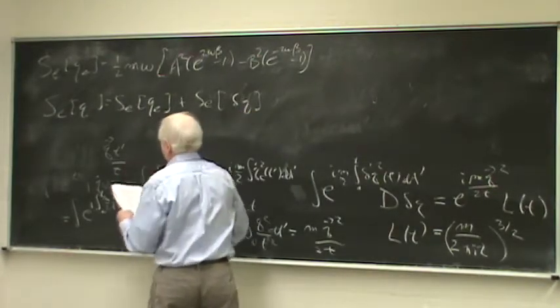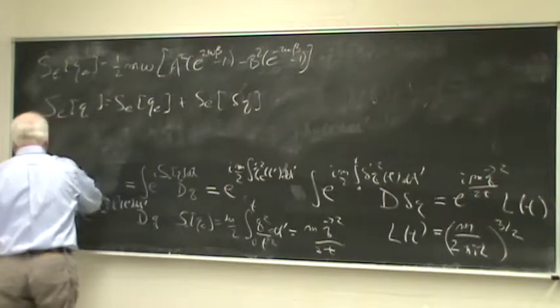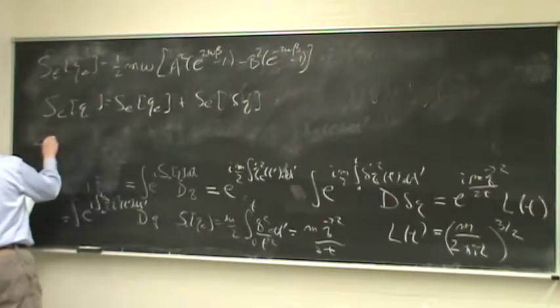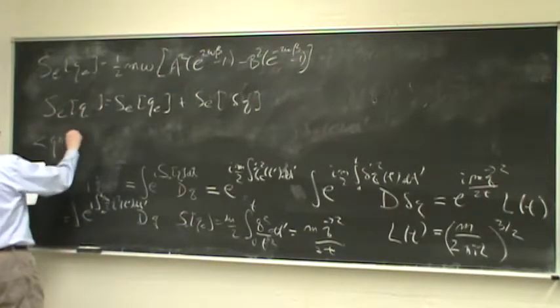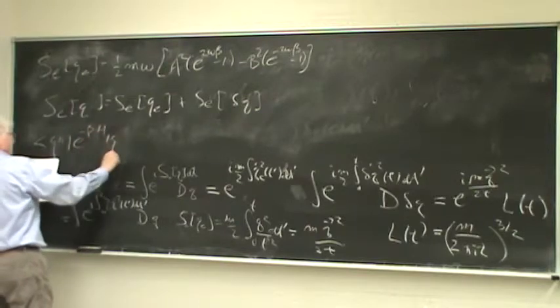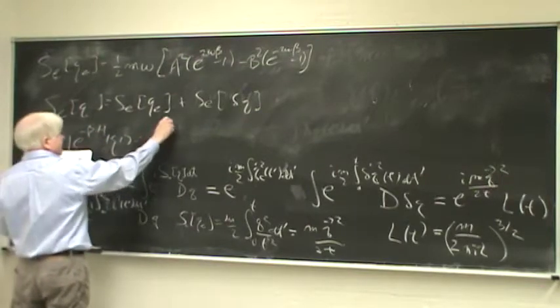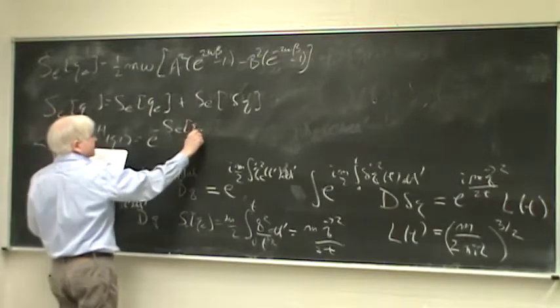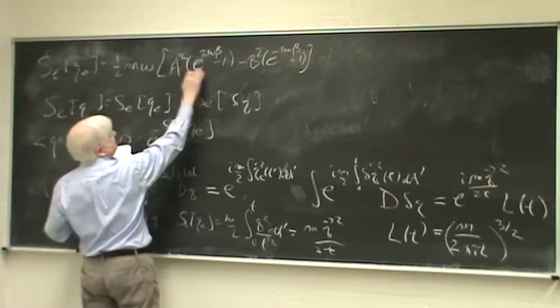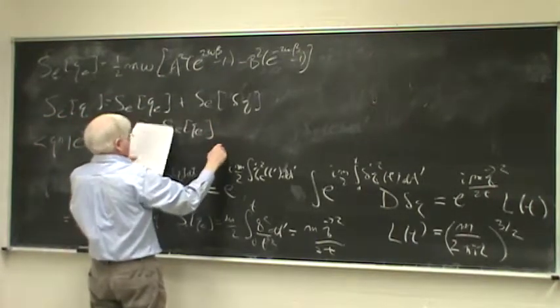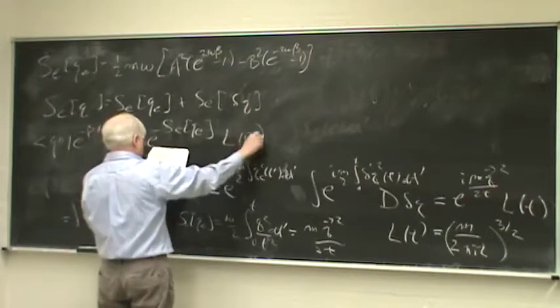And so we get as a semifinal answer, namely that Q double prime e to the minus beta h Q prime is then e to the minus SE of QE, SE of QE being this thing, times some loop function of beta.